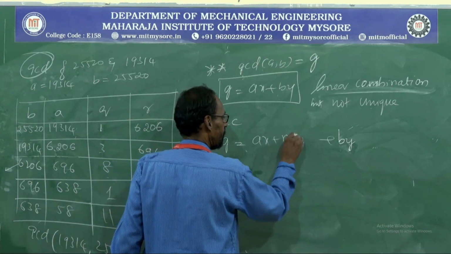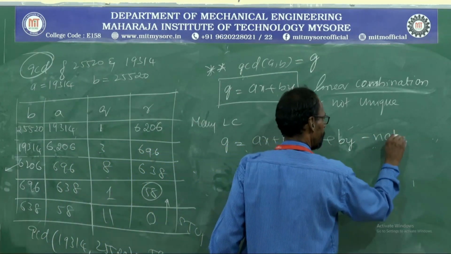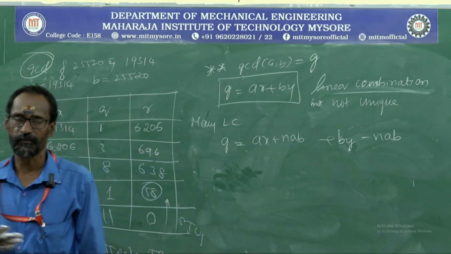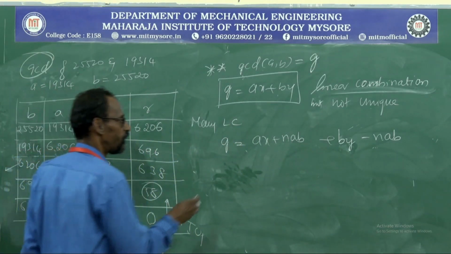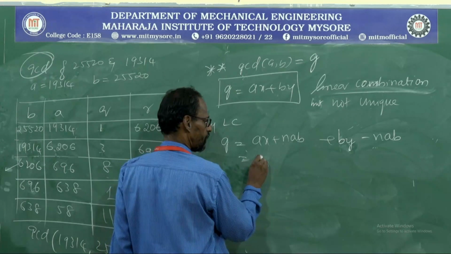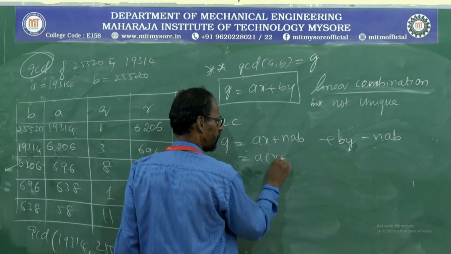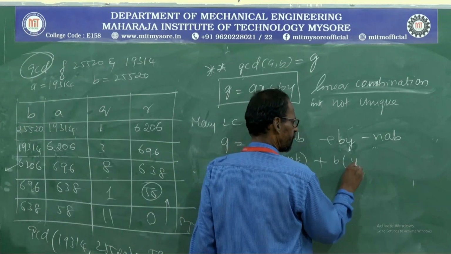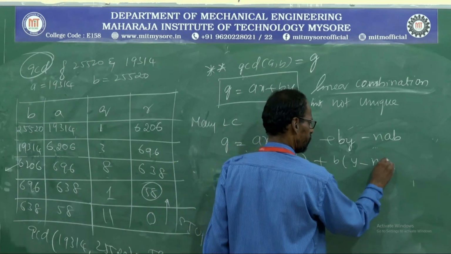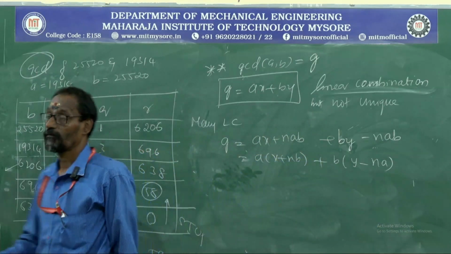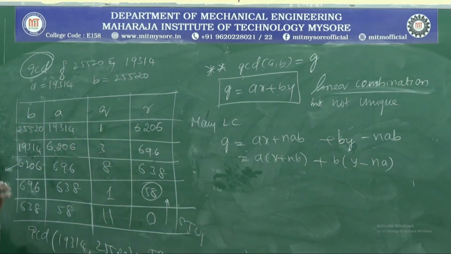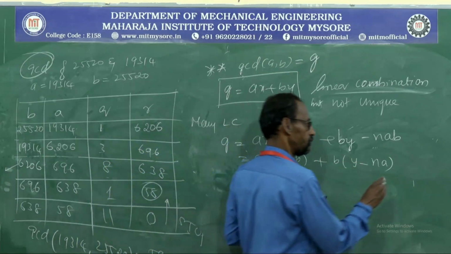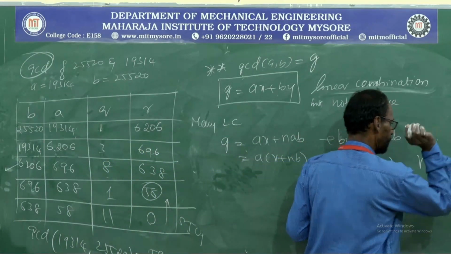You consider plus N into AB, minus N into AB, for different values of N. I can take A as a common factor to get X plus N into B, and take B as a common factor, Y minus N into A, for different values of N, where N is an integer.